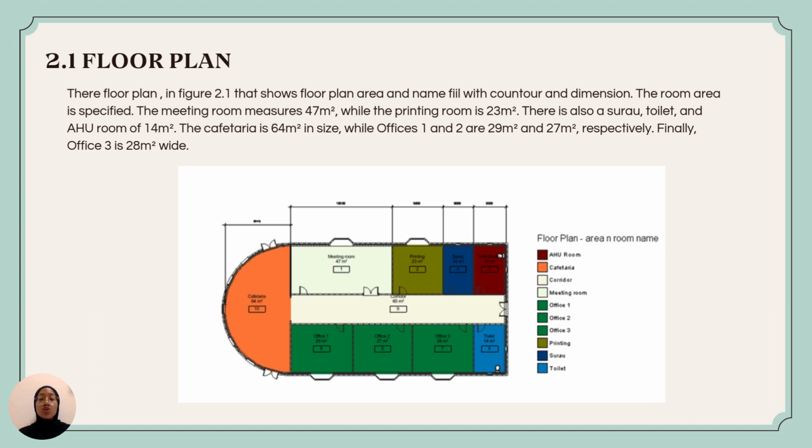There is also surau, toilet, and AHU room at 40 meters square, and the cafeteria is 64 meters square in size, while office 1 and 2 are 29 meters square and 27 meters square respectively. And finally, office 3 is 28 meters square.